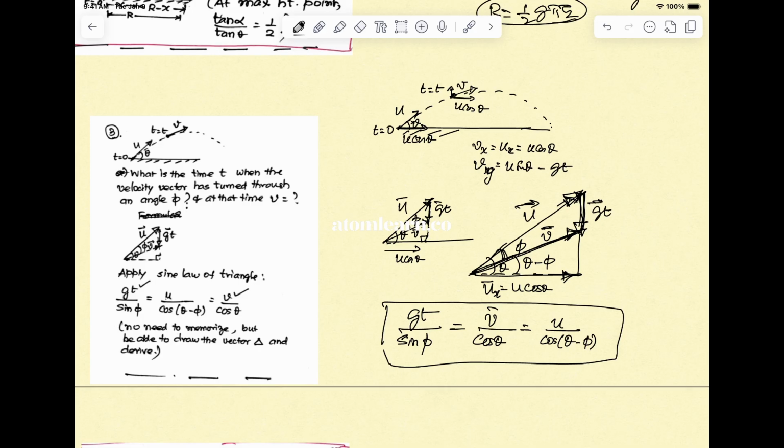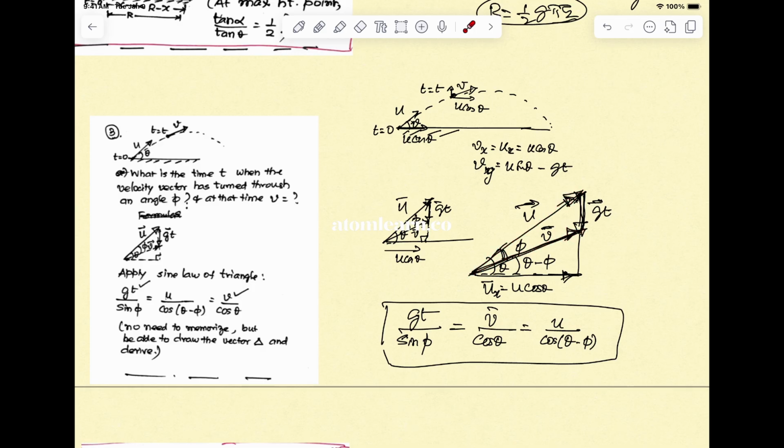Let me repeat the kind of question which will be asked. There is a particle which is projected from the ground with initial velocity u at an angle theta to the horizontal. After what time does the velocity vector turn by a given angle phi? This is the initial velocity vector, and this is the new velocity vector after time t.